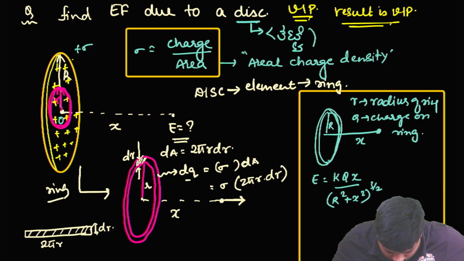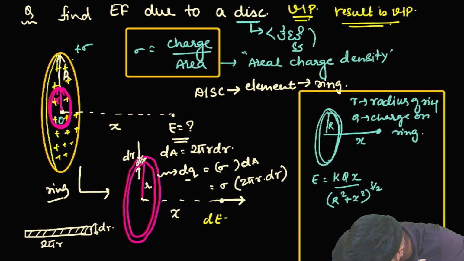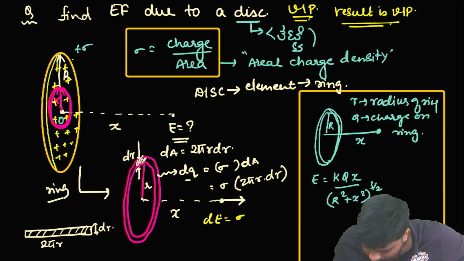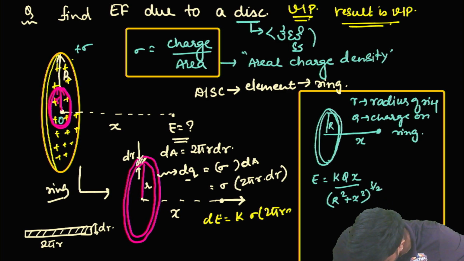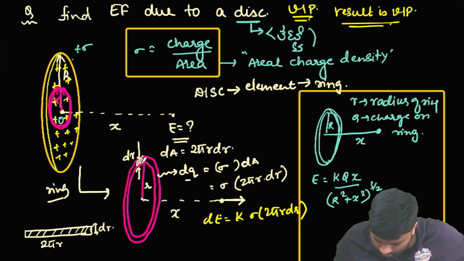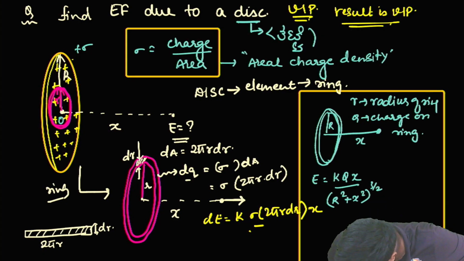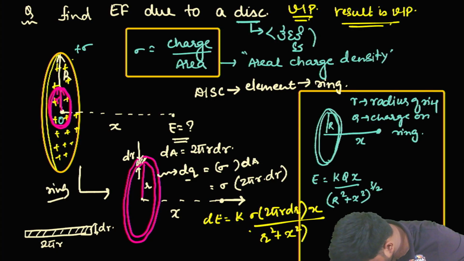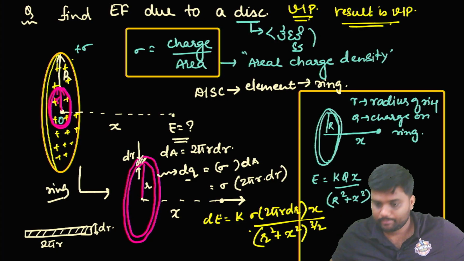That dE is equal to K Q, where Q is sigma 2 pi r dr, into x divided by (r square plus x square) whole power 3/2.